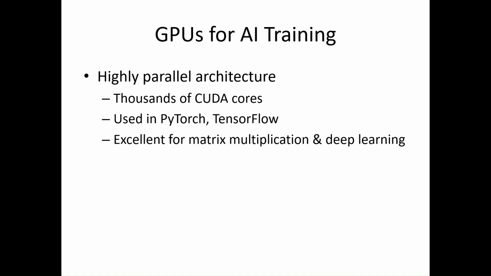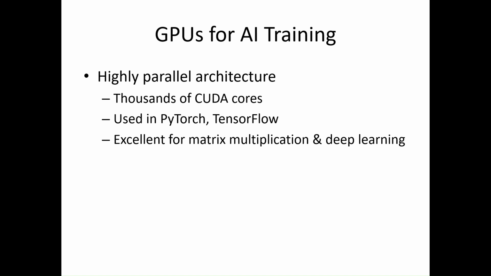Next we can see the first type of data center accelerator: GPUs for AI training. GPUs have thousands of small cores designed for parallel math, and they are great for frameworks like PyTorch and TensorFlow. Modern GPUs also include tensor cores optimized for the matrix math used in neural networks, and high bandwidth memory to move data quickly.